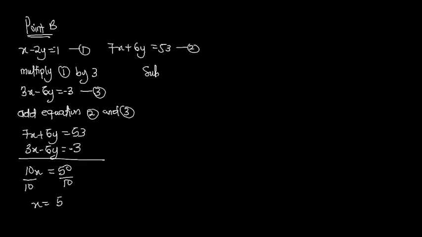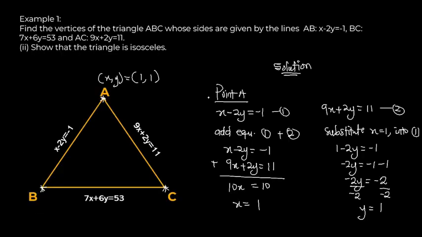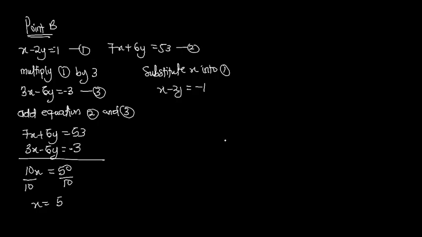If I substitute the value of x into any of the equations, let's say equation 1, I'm going to have x minus 2y is equal to negative 1, which is the equation we have over here. And then my x value is now 5, so I have 5 minus 2y is equal to negative 1.